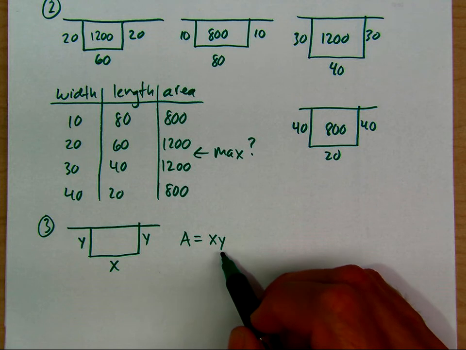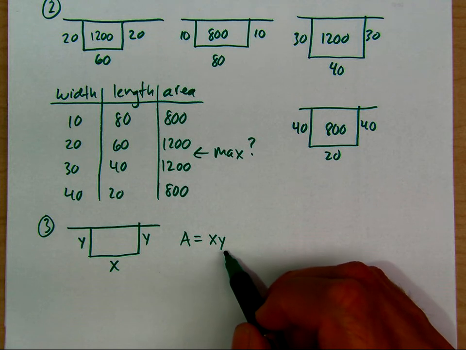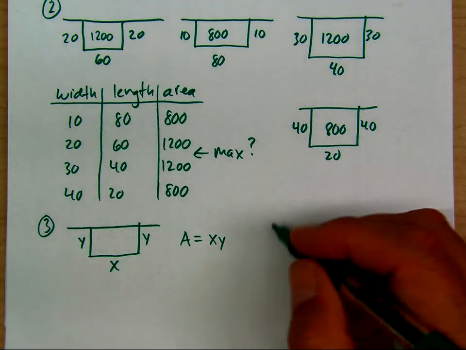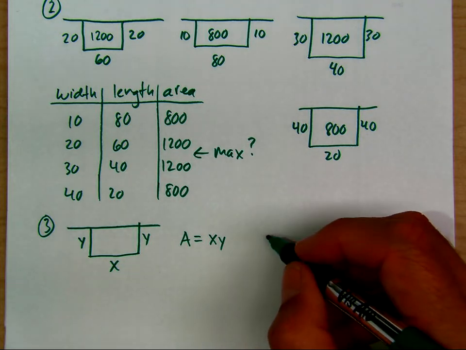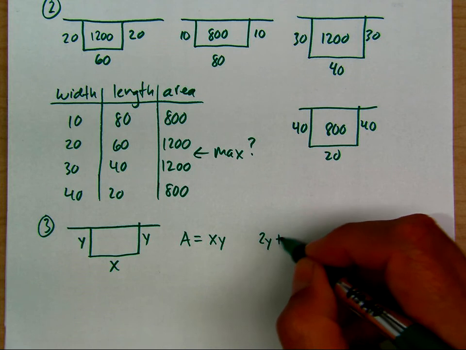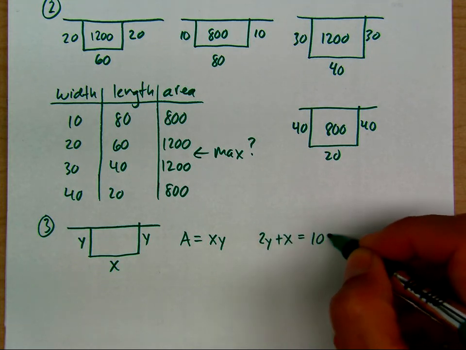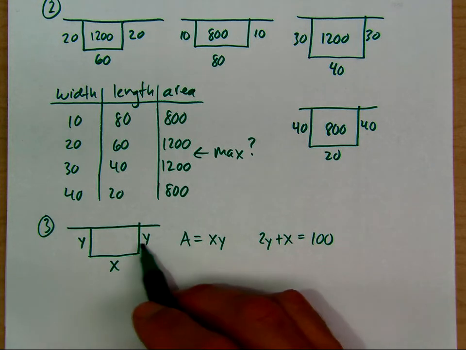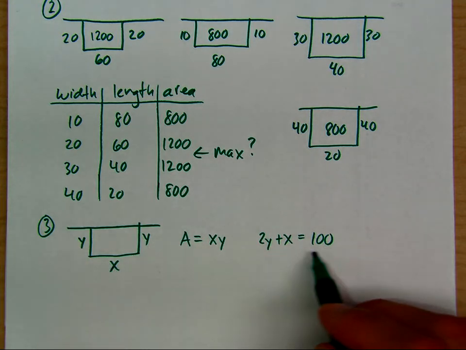So what we want to do is make another equation that can substitute here and eliminate a variable. We know that 2y plus x equals 100 because we're limited on the amount of fence that we can use. And if we have 2y plus x, that has to equal 100.